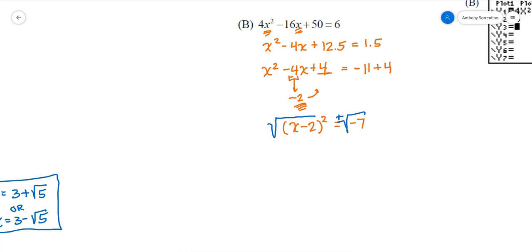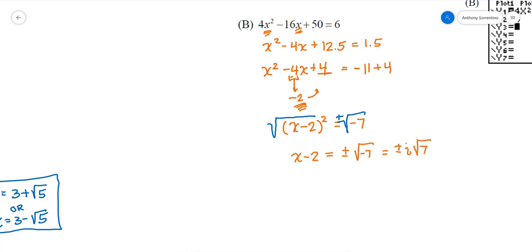So what I have is x minus 2 equaling plus or minus the square root of -7. And recognizing that the square root of -7 is going to be a non-real number, that's the same thing as having plus or minus i times the square root of 7.